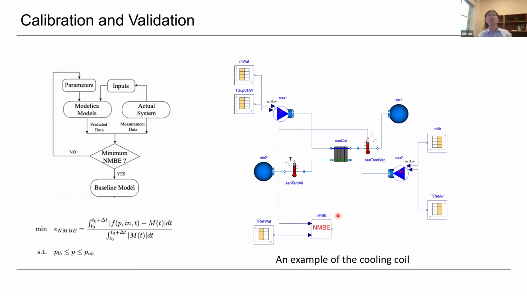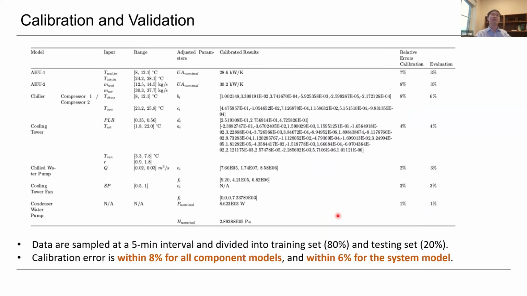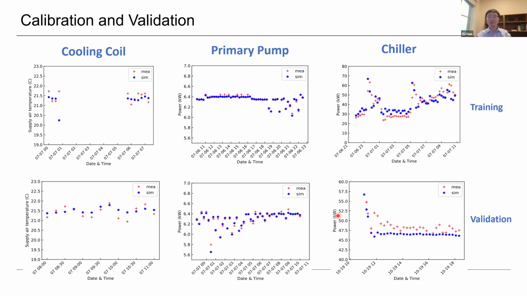This is an example. And here are the calibration and validation results for all the components. So in general, all the component models reach a calibration error within 80%. This is pretty impressive because this is a real world project. All the data are collected from the site. And in the next page, I can show you the time series data.